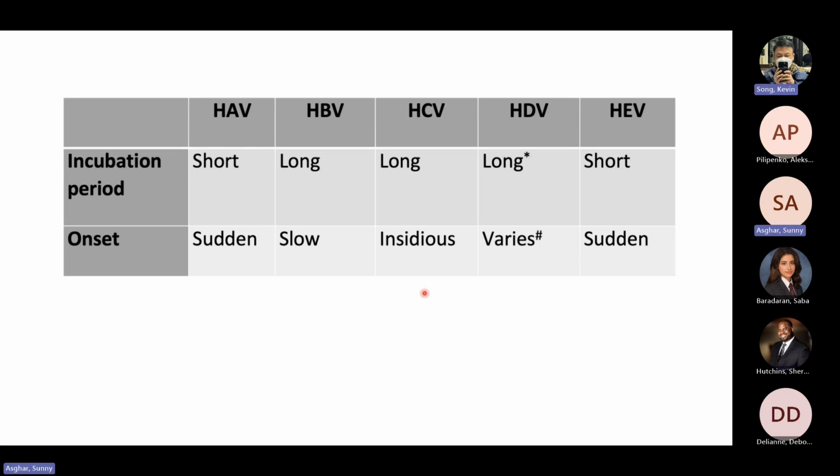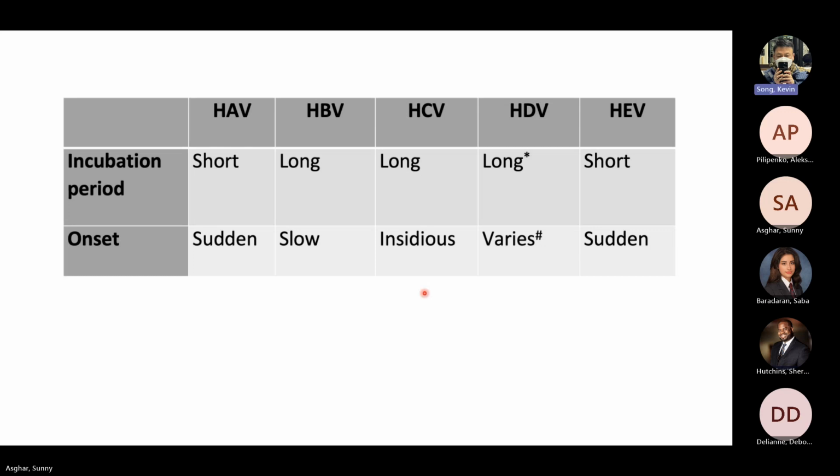All right, thank you, Alex. I think hepatitis D occurs only when you have B, either co-infected or super-infected. It's more of a serious problem in pregnant women, I guess.